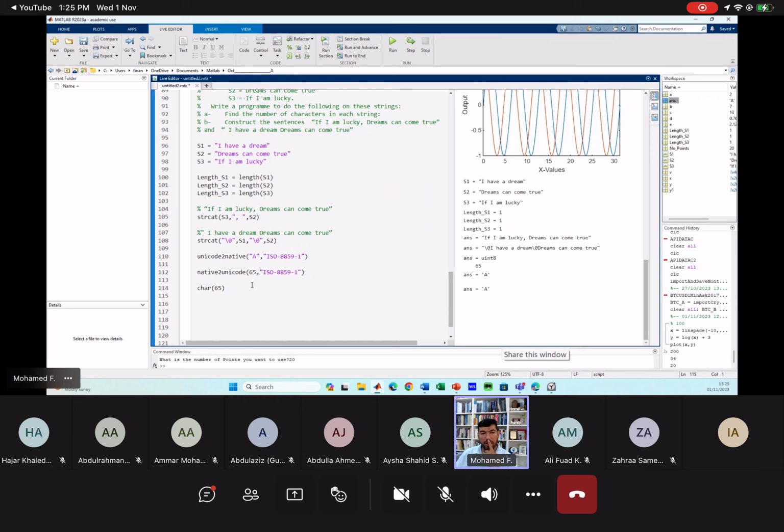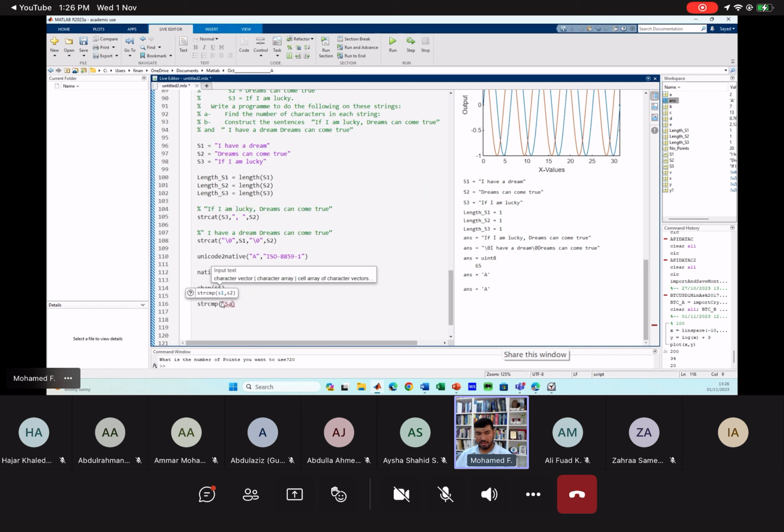What else do we need to look at for the characters? We can do strcmp, so we can compare between S1 and S2. The answer is going to be what? Or let's do something together.